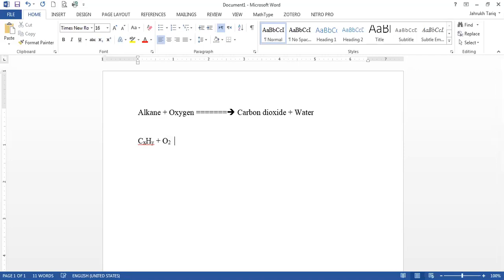What we are going to do is produce carbon dioxide from it, the formula for which is CO2. And for CO2, if the book is open in front of you, you would see the number of carbon atoms present in the alkane and the balancing number for carbon dioxide is the same.